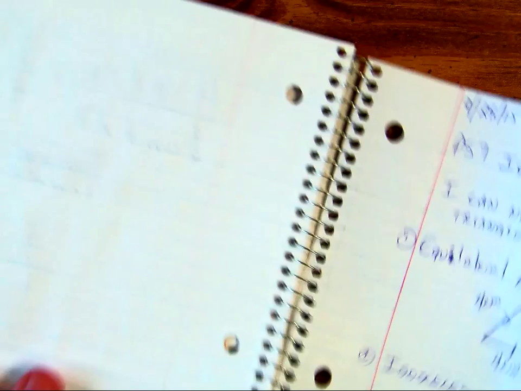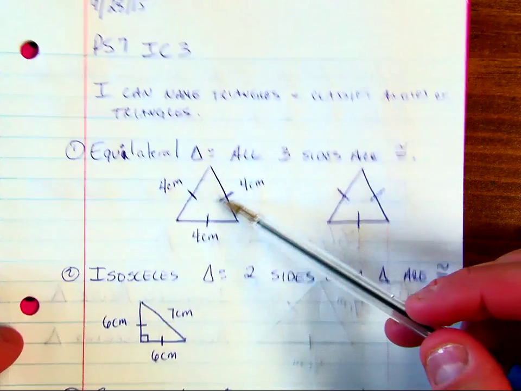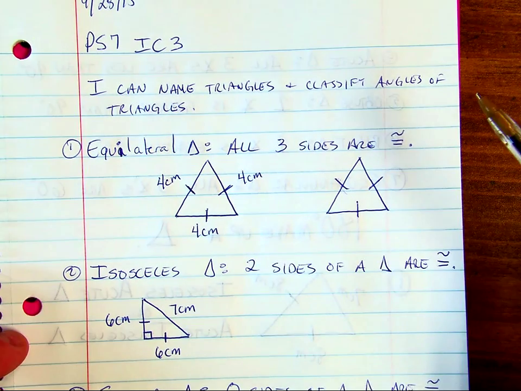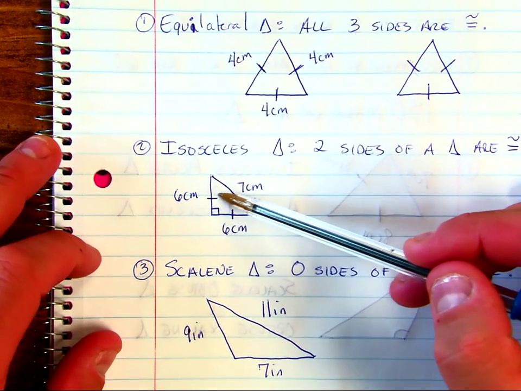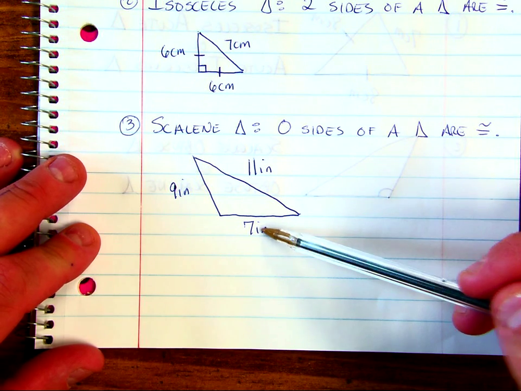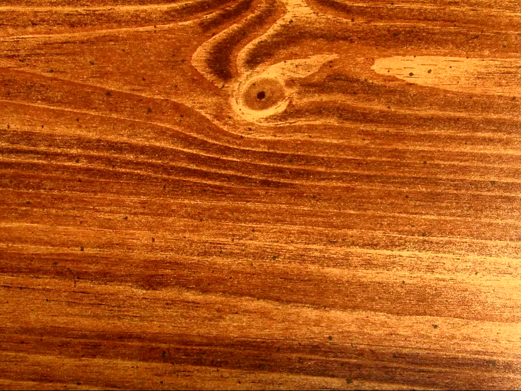Just like the equilateral triangle has 3 lines, the isosceles triangle has 2 lines, the scalene triangle has 0 lines. That's how you know. All right, let's try another one.